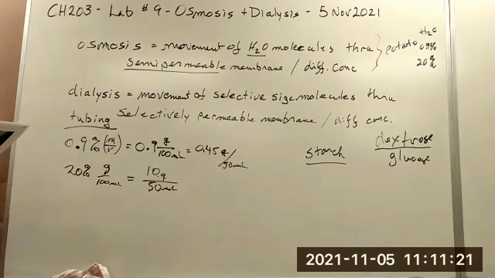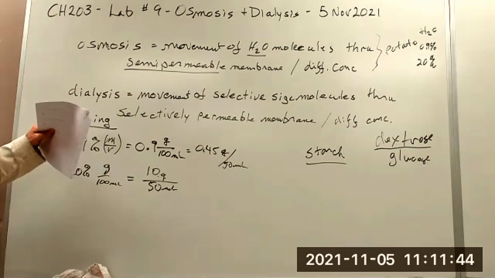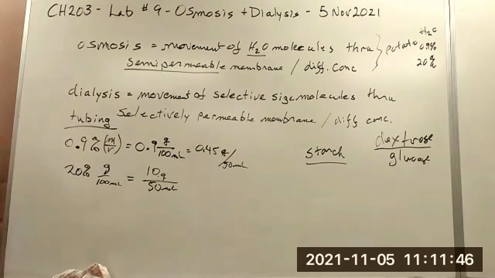All right, so that takes care of pre-lab question 1. You can do 2 by yourself: isotonic, hypotonic, hypertonic definitions. Let's see. What's the function of dialysis tubing? Well, in practical use, dialysis tubing, well, let's see.